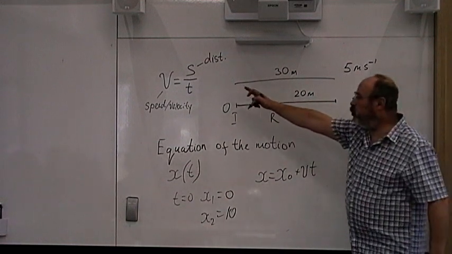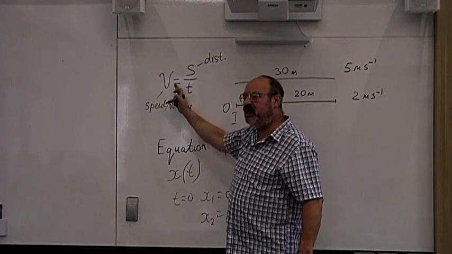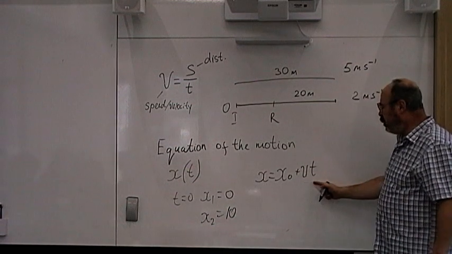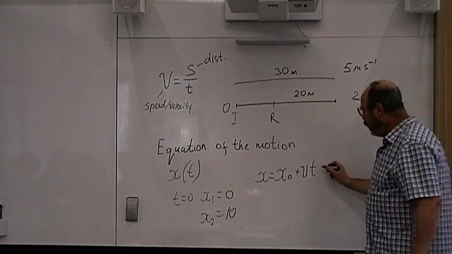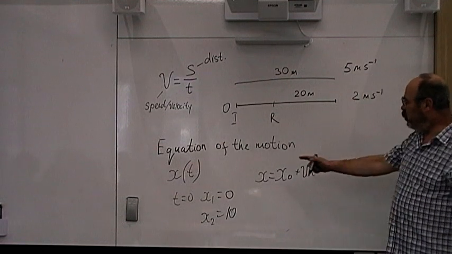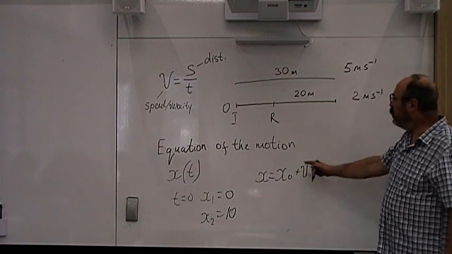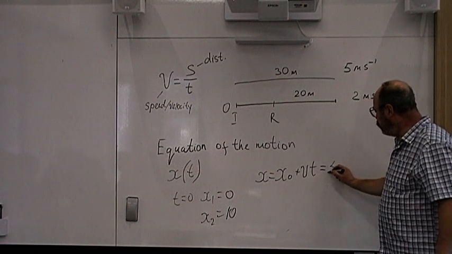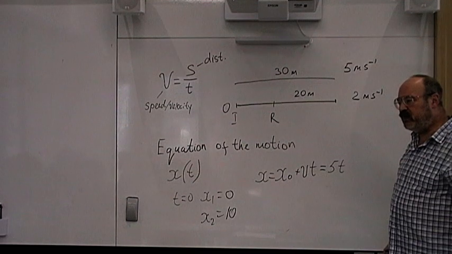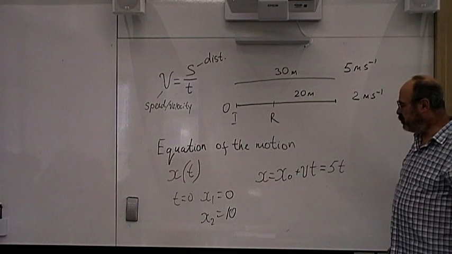Because from this formula you can see distance equals speed times time, so that will be how distance changes. Applying this case, x0 is 0, v is 5, so position will be 5t at any given time.